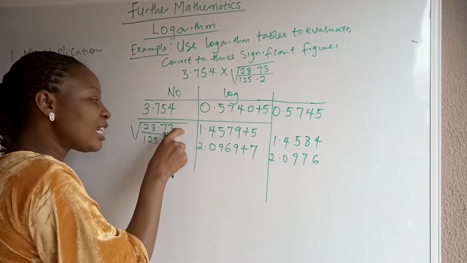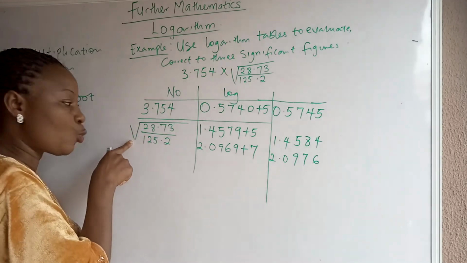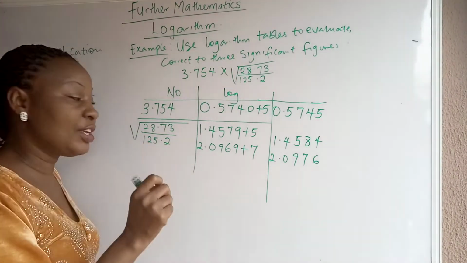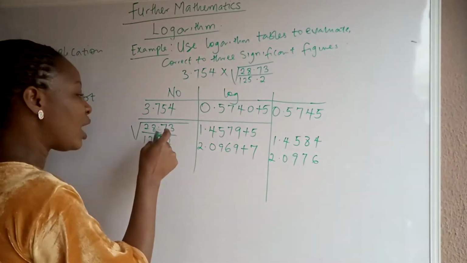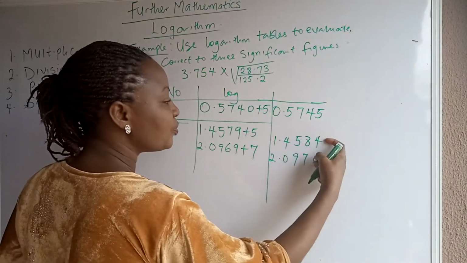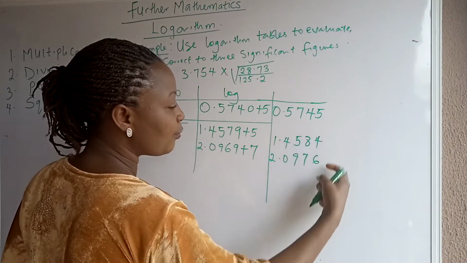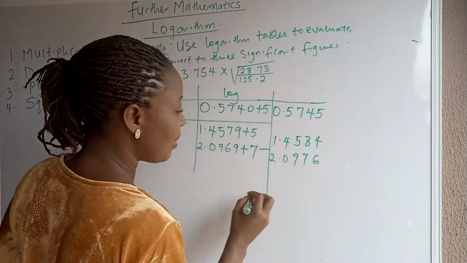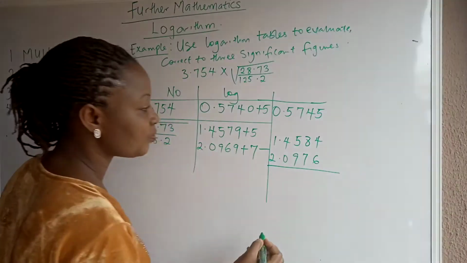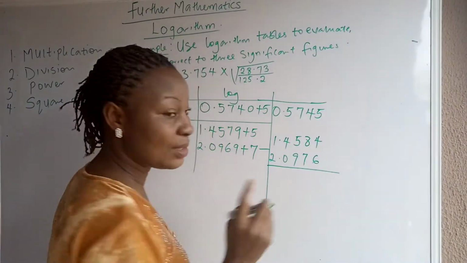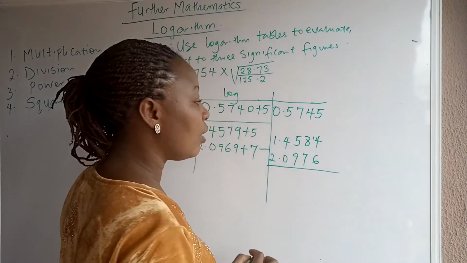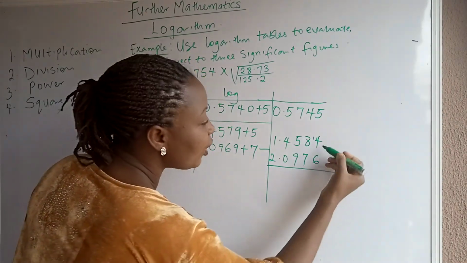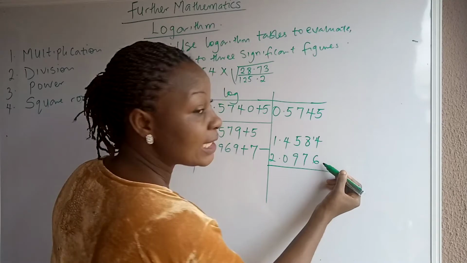Now, don't forget, this one is division. We'll first settle the division before we come to the square root. In law of indices, when you are giving division, it means you are going to subtract. So I'm going to subtract the log of the up one from the down one. So it's going to be minus. 4 minus 6 is impossible. That means I'm going to borrow 1 from 8 to be 14. So 14 minus 6 is 8.